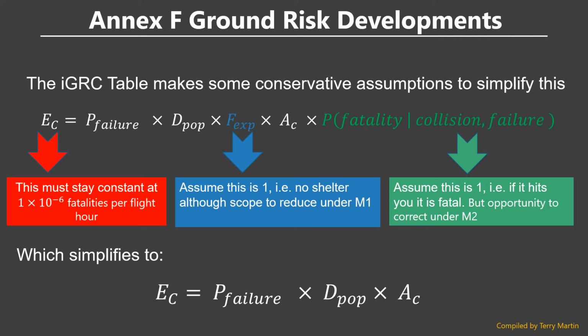The IGRC table makes some conservative simplifying assumptions, and I'll emphasize that the applicant has the opportunity to unstitch some of these via mitigation, with a very transparent framework now to justify and argue for that. First, we assume that if you hit someone, it's a fatality. That isn't always necessarily the case.